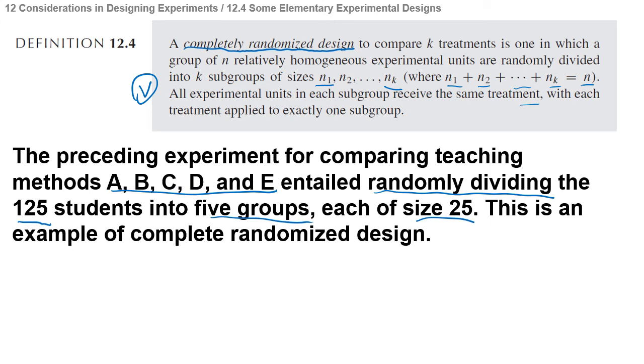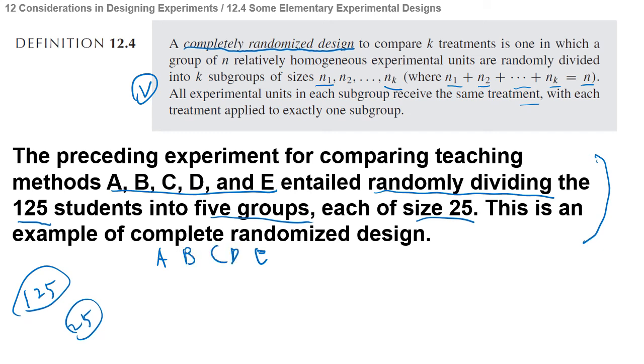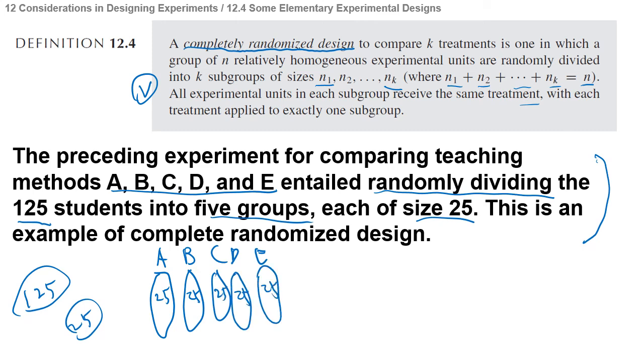So there are teaching techniques A to E, and we have 125 students. We randomly select 25 students for each treatment: 25 students for teaching technique A, 25 for B, 25 for C, 25 for D, and 25 for E. If we randomly divide our students like this, then this is a completely randomized design.